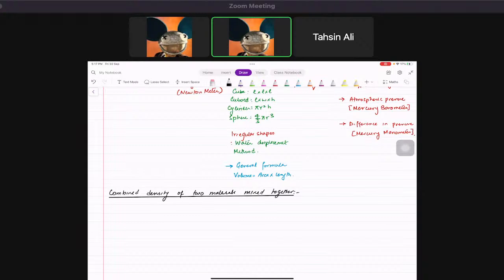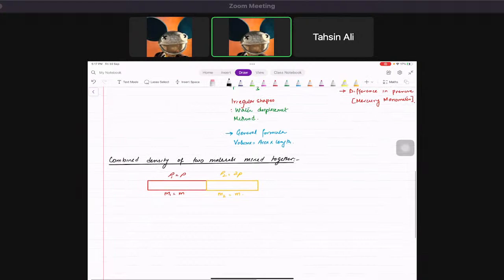So we're gonna check both of them. Suppose there was a material like this, it had density rho and mass m, and it was combined with another material which had density 2 rho and mass m2.